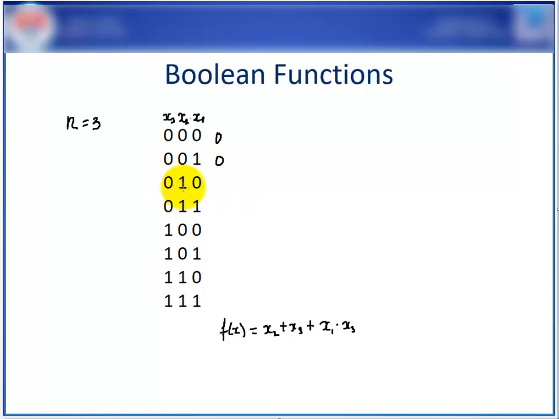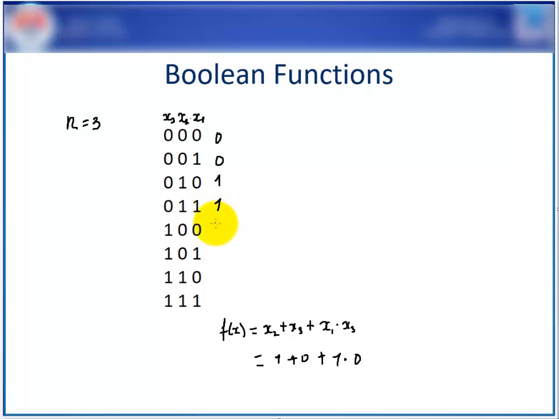If our second bit x2 is equal to 1, then we are going to have 0 plus 1 plus 0 multiplied by 0, which is 1. Next, we have x2 equal to 1, x3 equal to 0 and x1 equal to 1, so 1 plus 0 plus 1 multiplied by 0. If we calculate this expression, this is going to give us 1, and so on.